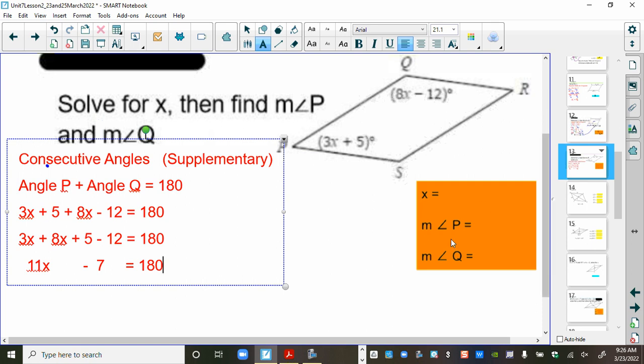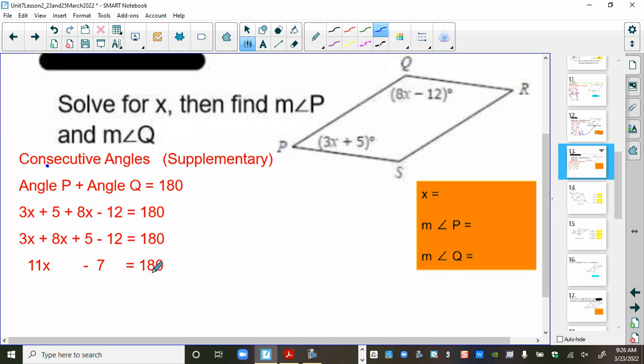And then, of course, now we're at a point. Can we solve for the x? All right, what two steps? What do we do?